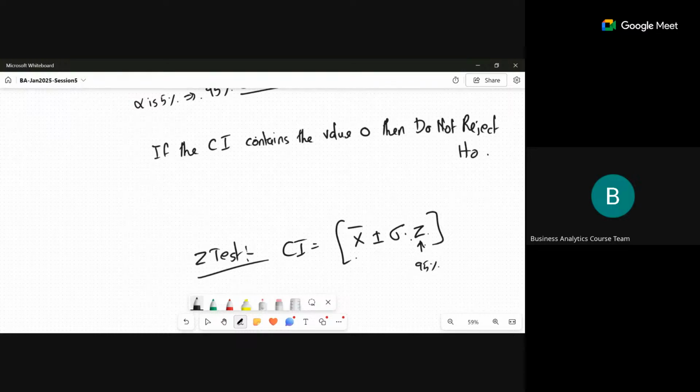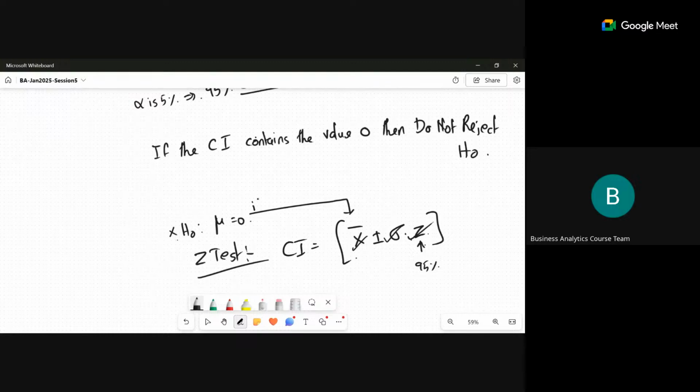If that confidence interval does not contain the hypothesized value, which is mu equal to 0, if this value is not present within this interval, then what does it mean? The x bar is true, the sigma is true, the z value is true. So the only thing that cannot be true is this hypothesized value.